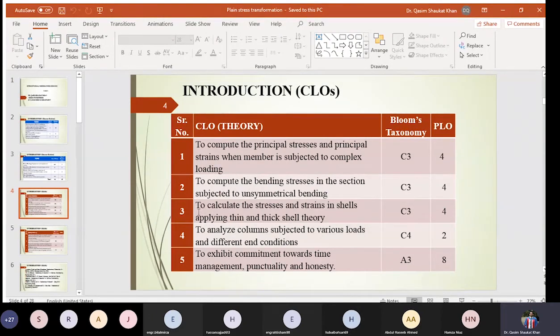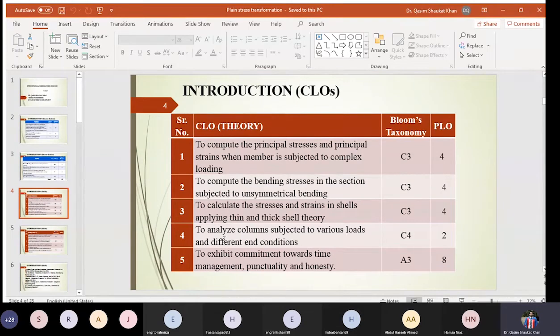Then the third CLO is to calculate the stresses and the strains in shells applying thin and thick shell theory. Bloom's taxonomy for this is C3 and PLO is 4, cognitive mild level of difficulty.